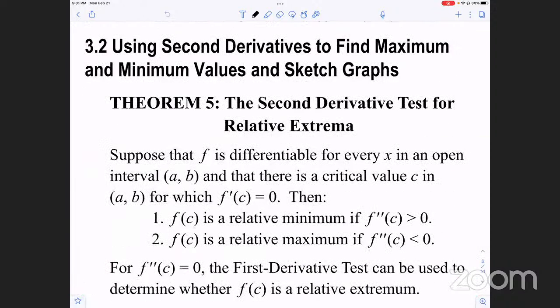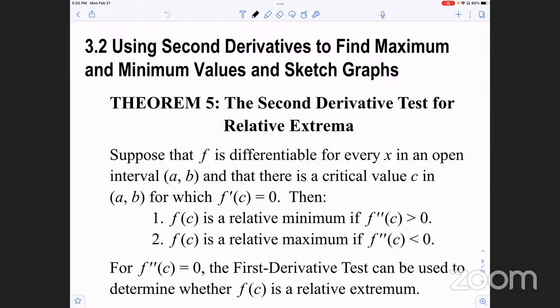Okay, we have another theorem, the second derivative test for relative extrema. Suppose that f is differentiable for every x in the open interval a to b, and there's a critical value c in a to b where f prime equals 0. Then f of c is a relative minimum if the second derivative is positive. The second derivative being positive means it's concave up, so that critical value should be a low point.